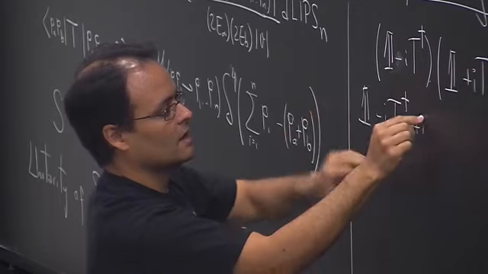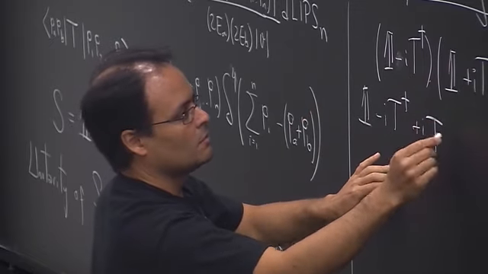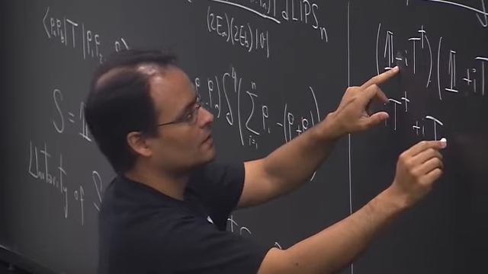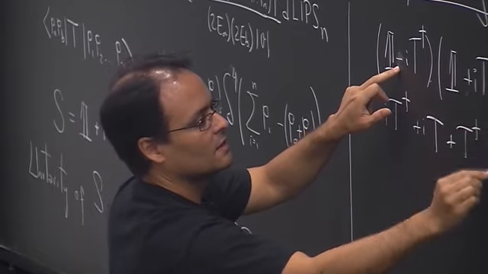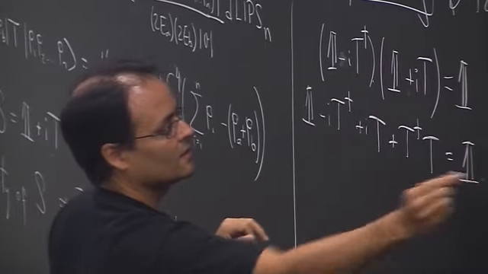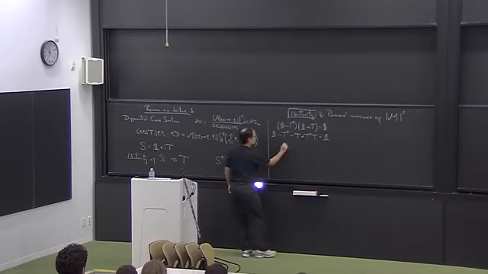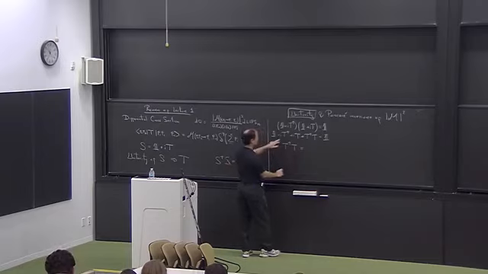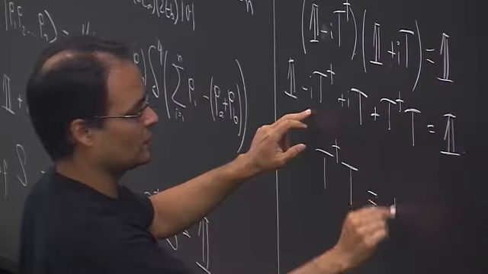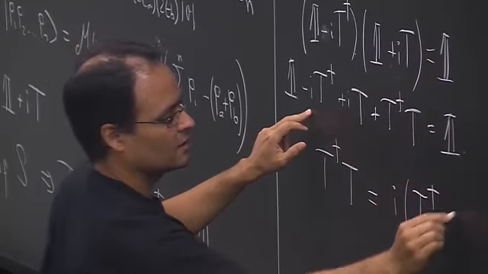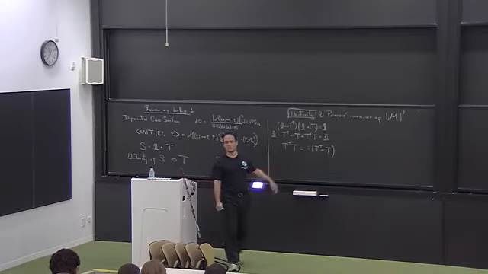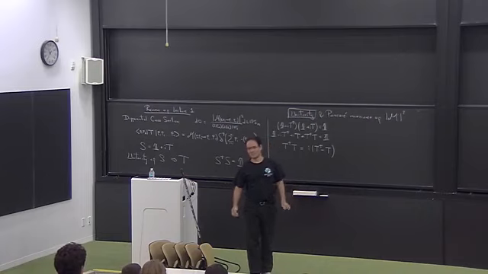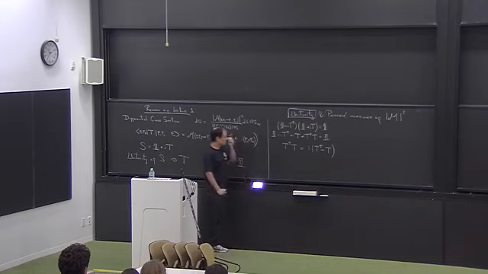And then I have iT, and then I have minus with plus T is equal to the identity. And therefore, T dagger has to be equal to iT dagger T minus T. Okay? Modulo sign mistakes, and factors of 2 and errors. Now, but you all checked this yesterday, right? So this is correct. All right.